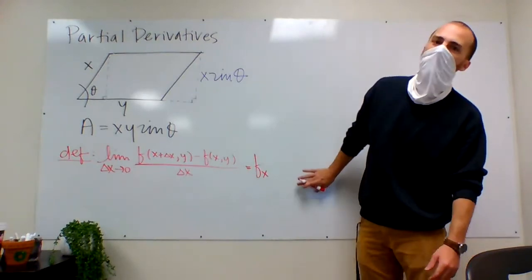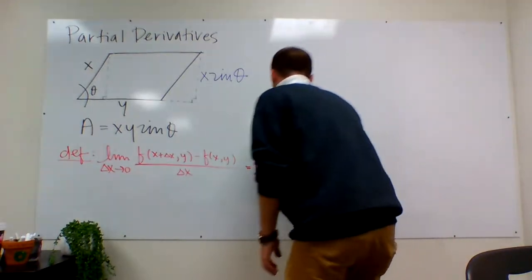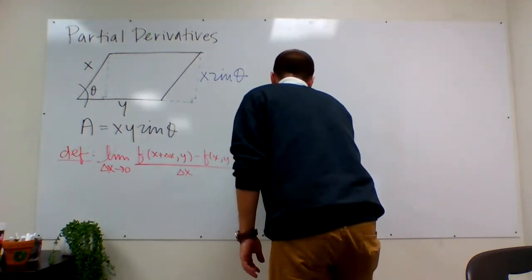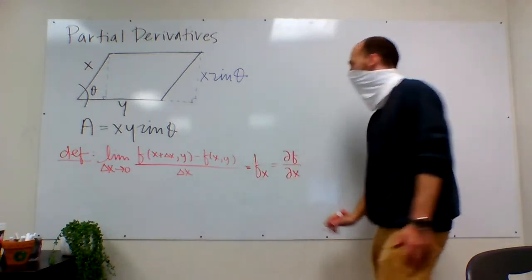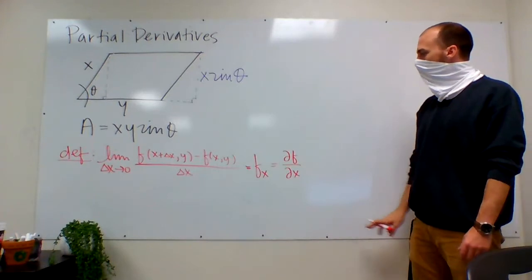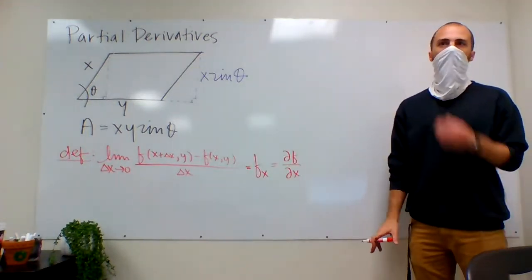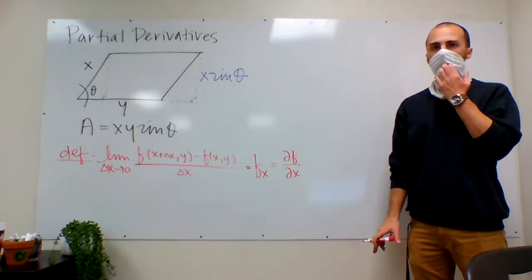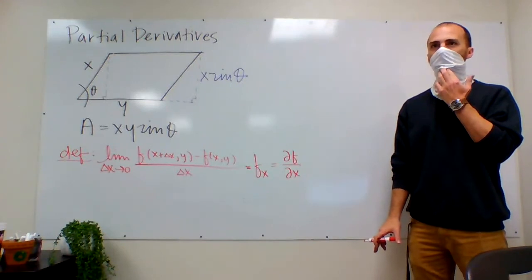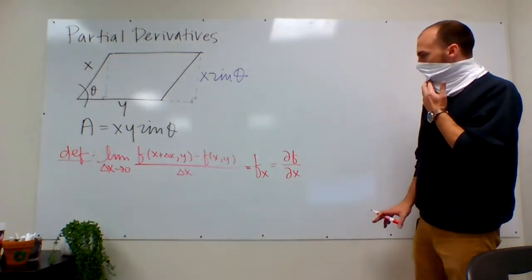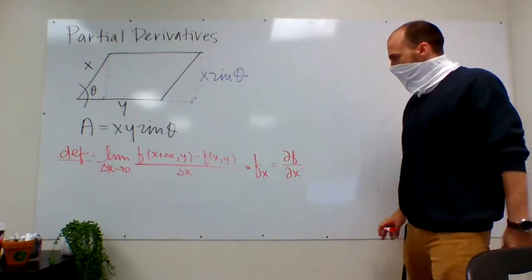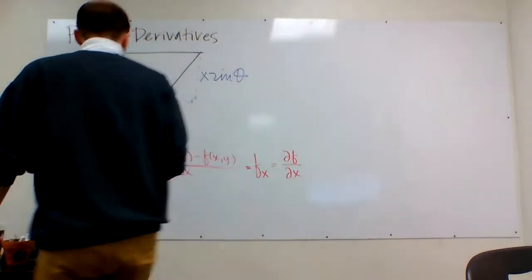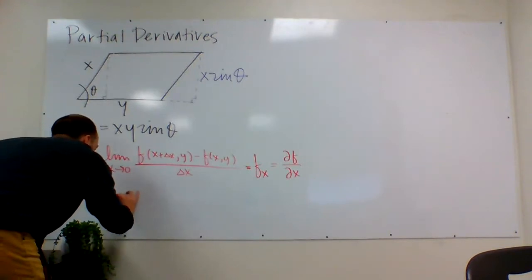That's going to be one of the notations we'll use for that. We'll also say the partial derivative of f with respect to x, written with a curly d. What does the curly d mean? Partial derivative. Partial. And then I can say the same thing about y.